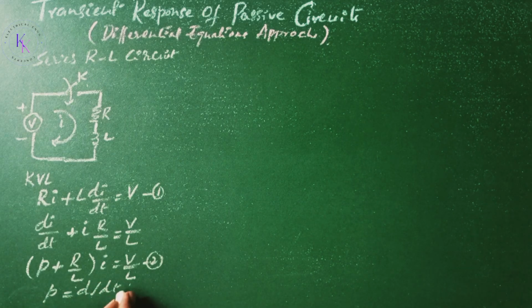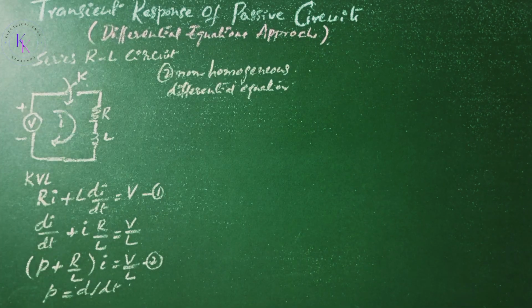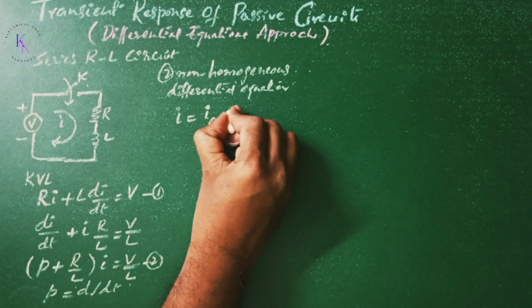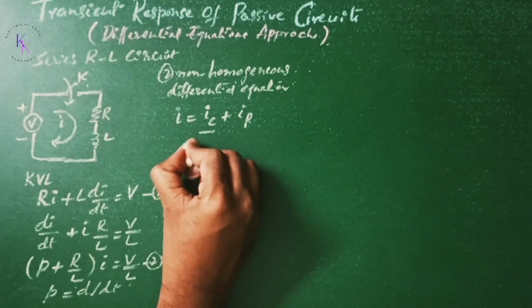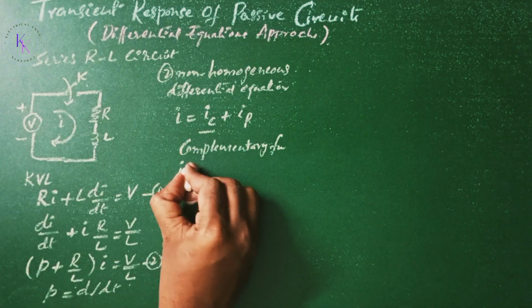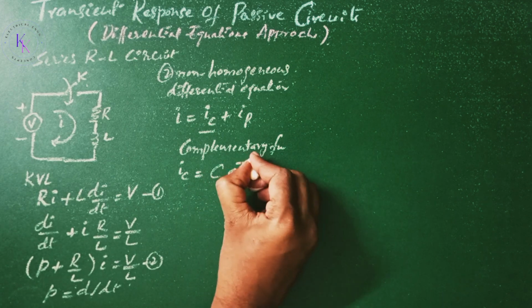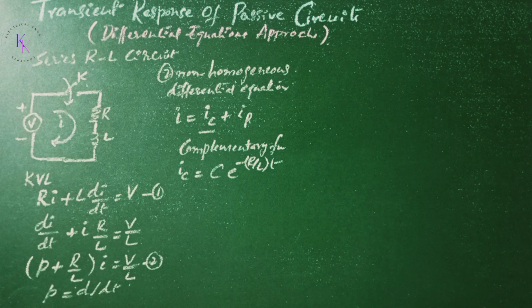Now, equation number 2 is a non-homogeneous differential equation, and the solution is given by i equals Ic plus Ip, where Ic is the complementary function given by Ic equals C e to the power of minus R by L of t, and that always goes to zero in a relatively short time, known as the transient solution.